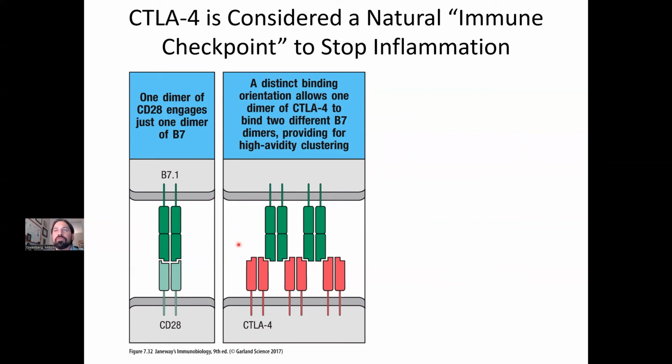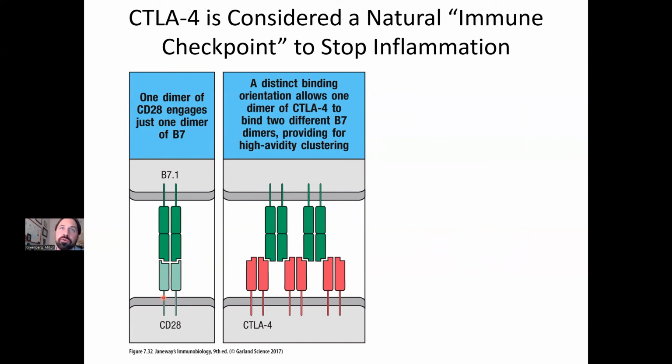What CTLA-4 is going to do is bind to B7 with a much higher affinity. And that is then going to prevent this interaction on the left, favoring this interaction on the right. So in a naive cell that's getting activated for the first time, this interaction here is the only interaction that can happen because CTLA-4 is not there.